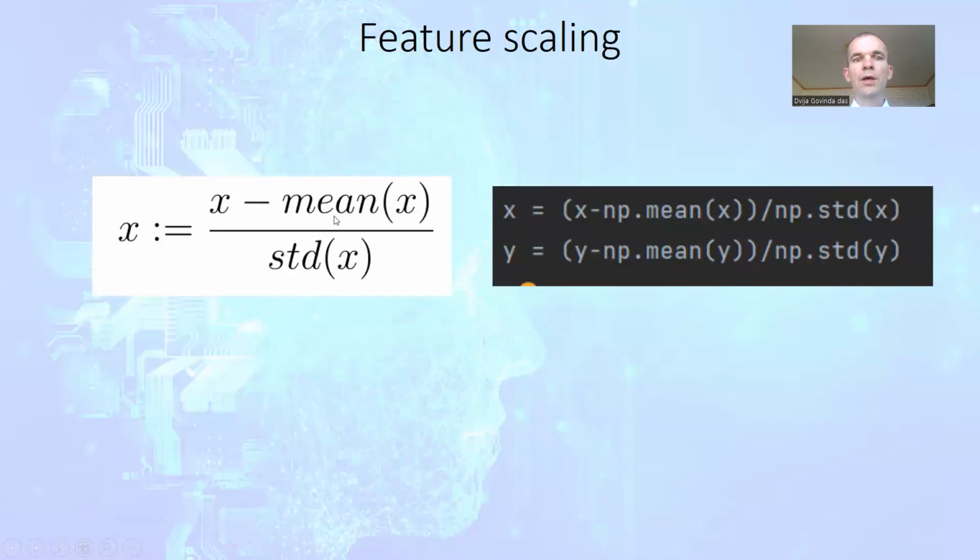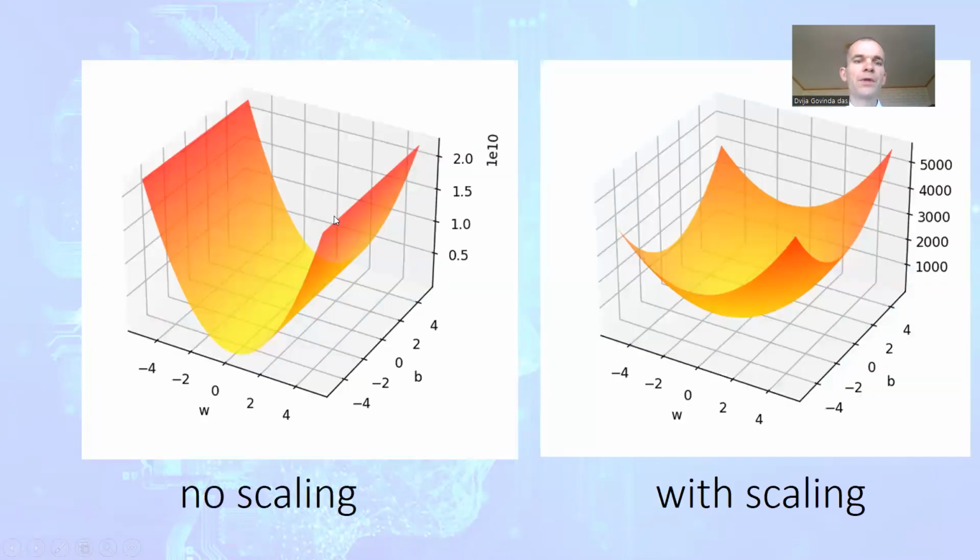The most usual way of normalization is by subtracting the mean value of our array X and dividing it by the standard deviation of this array, which is performed by the shown 2 lines of Python code. So again, no scaling and scaling. Even at the very beginning of linear regression, we are facing the problem of scaling.